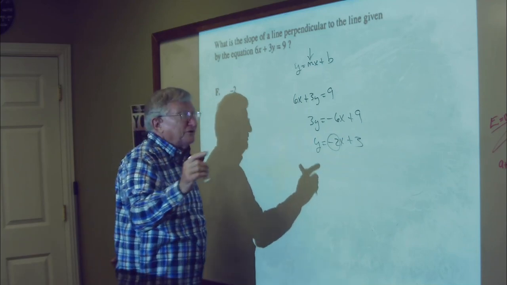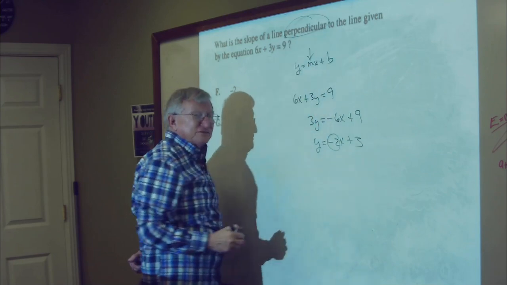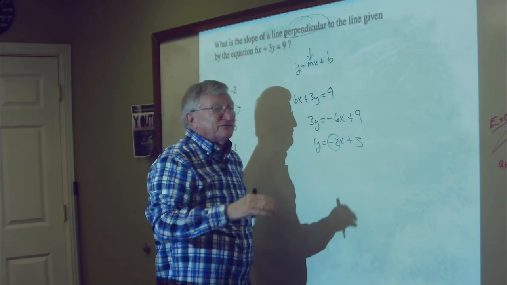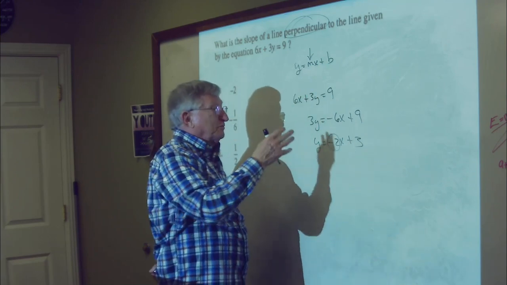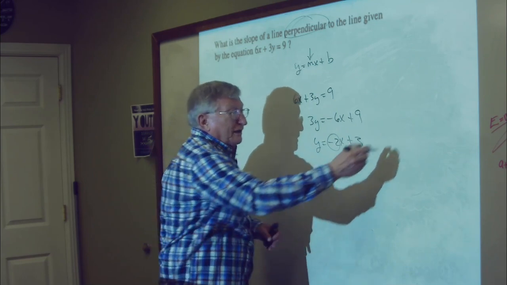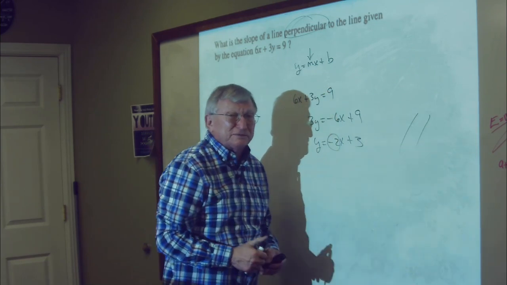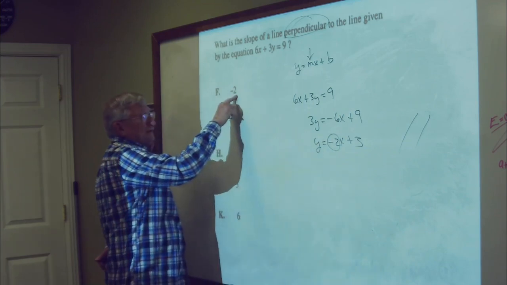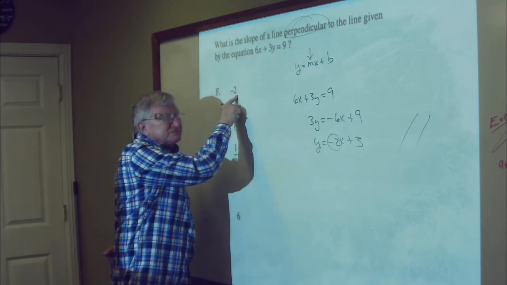But you also have to know what that means as far as the slopes are concerned. If it had asked for the slope of a parallel line, then you know if they're parallel lines, they're the same steepness, so the slope must be the same, right? So if it's a parallel line, that would be the answer. But that's not the answer here.